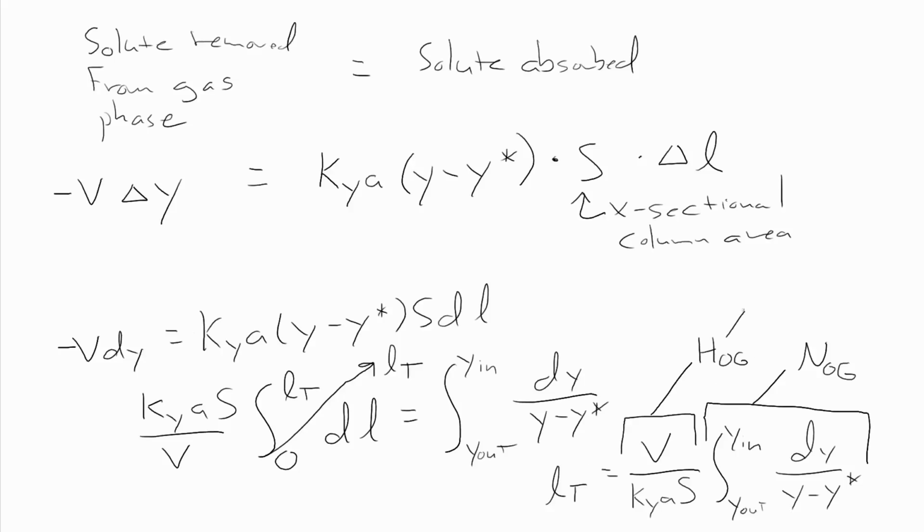So HOG is, in a way, analogous to the height equivalent to a theoretical plate. And NOG is kind of like the number of theoretical plates.